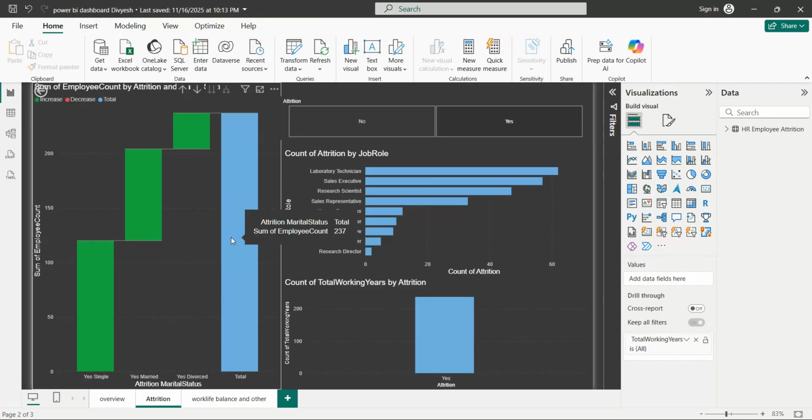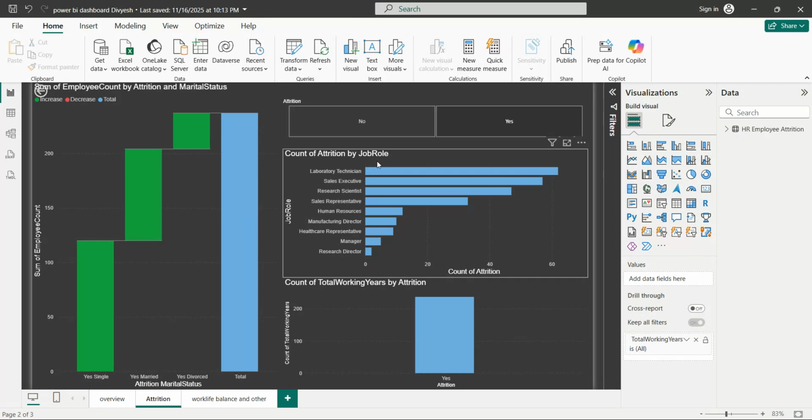As for interpretation, married employees show a higher number of non-attrition cases, meaning they are more stable in the company, whereas single employees have relatively more attrition, indicating a higher job switching tendency. Divorced employees show the lowest total count and moderate attrition. This suggests that family responsibilities and stability influence retention. Then coming to the top center, that is the attrition table.